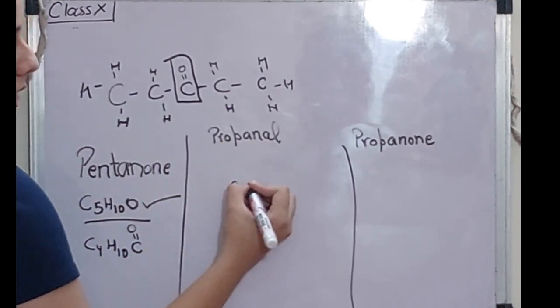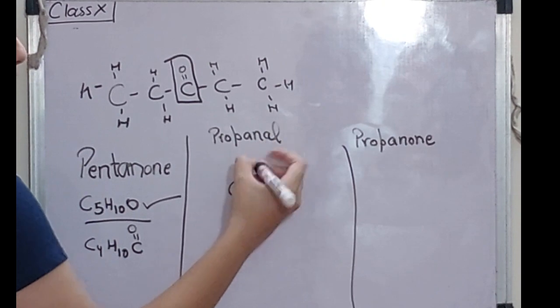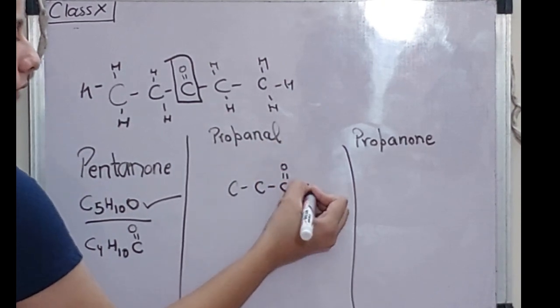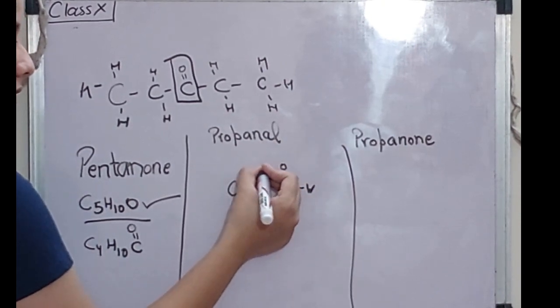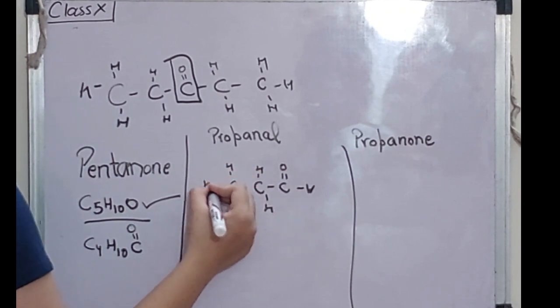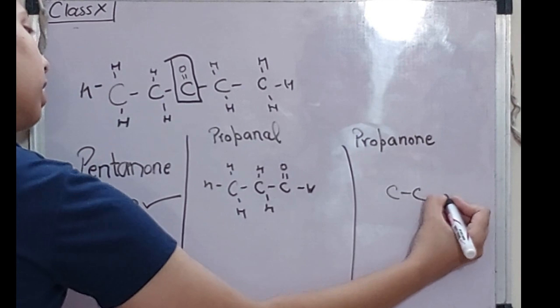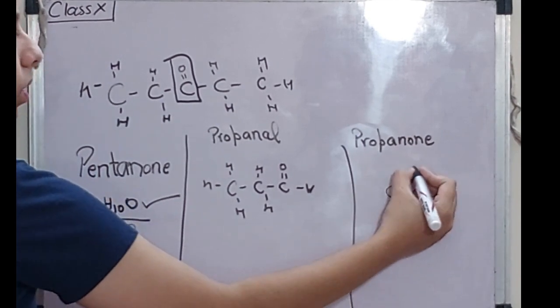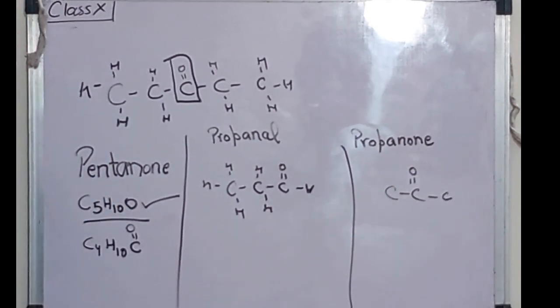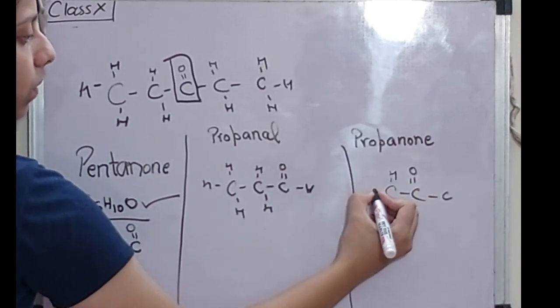Propanol means 3 carbon. OL means OH, single bond hydrogen, and completing the valency. Propanone means 3 carbon again, but double bond oxygen, दोनों साइड कार्बन होना जरूरी है, and completing the valency.